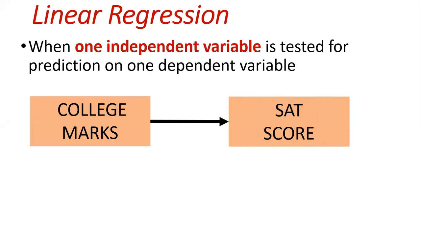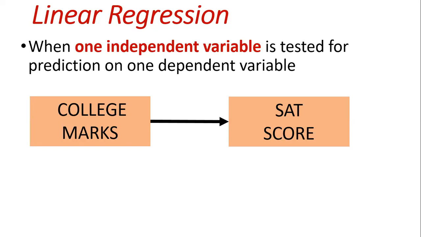The IV is the college marks. So we use the college marks to predict the SAT score, which will come later. The college marks are already with you, and you want to predict which of your students can pass the SAT. So you can check the college marks and then make your prediction.